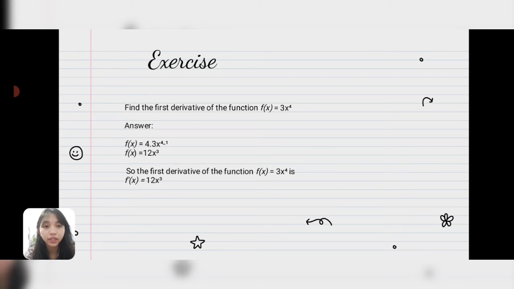So the first derivative of the function f(x) equals 3x^4 is f'(x) equals 12x^3.